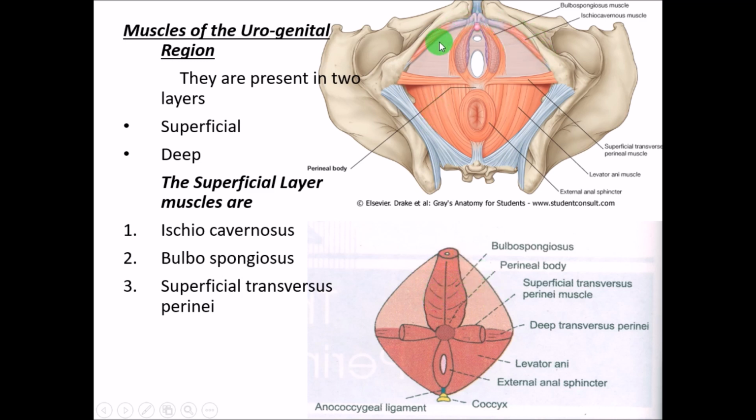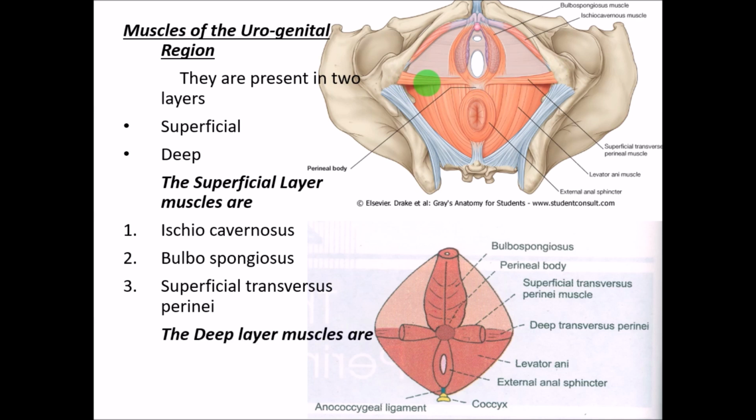Here is the ischiocavernosus, and this is the bulbospongiosus. This is in case of female and this is in case of male. Then we saw the superficial transverse perineus muscle. These were the three superficial muscles present in the superficial perineal pouch.